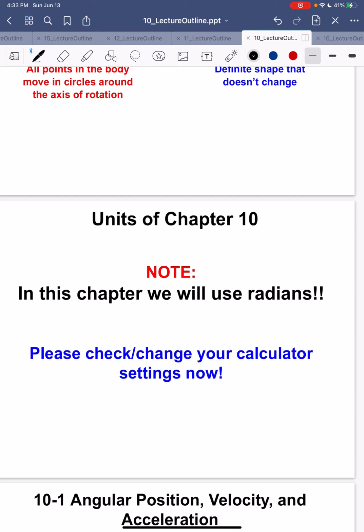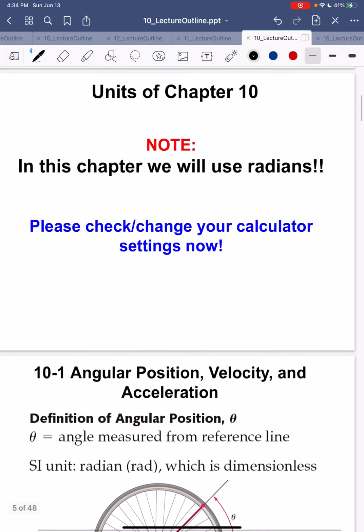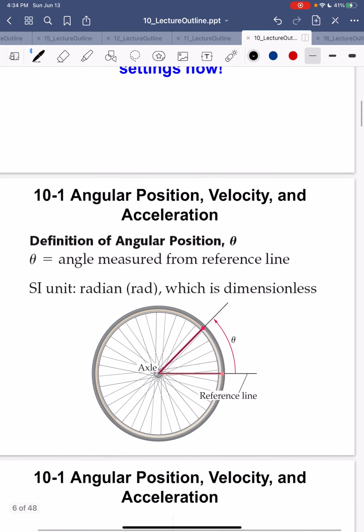I want you to know that radian is not a unit in physics, it is a unit from math. Because of that, sometimes you will find that it disappears. For example, in the next chapter, when we talk about angular momentum, we will not have the radians, because it is not a physical unit.